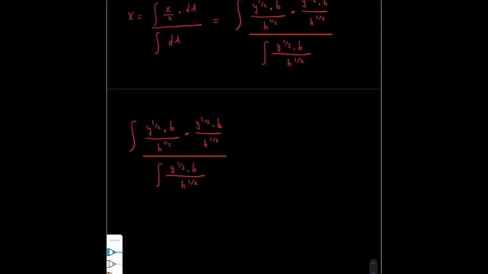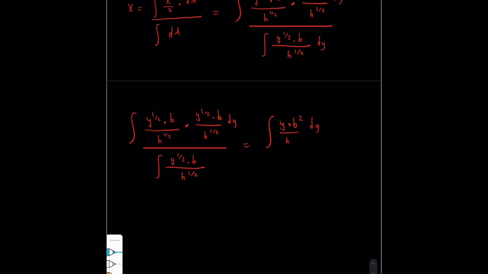So that's going to turn out to be y times b squared over h^(1/2). We've got to add the dy. Okay, dy is cancelled. However, you're not going to simplify anything for the area that is in the bottom, right here.